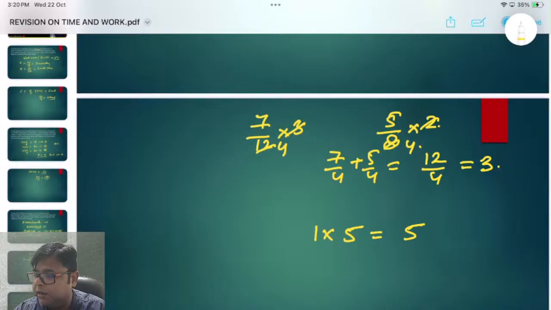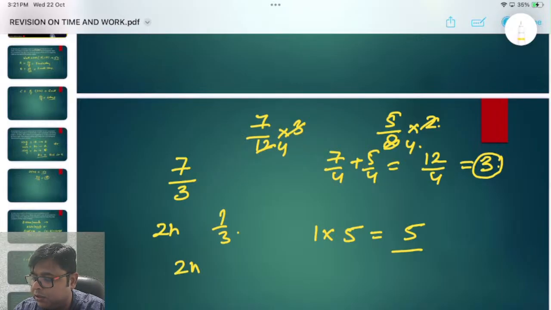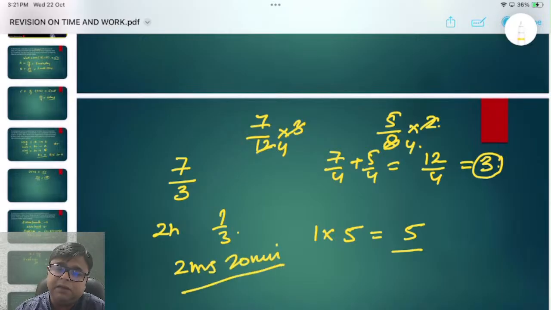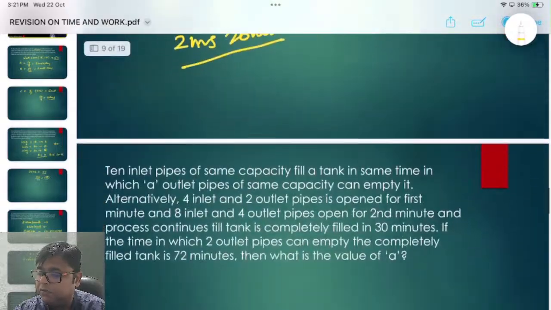So at the old efficiency of A plus B, which is 3, at that rate they must have filled 7 liters, because 5 they filled in the last 1 hour. 7/3 is the time after which the clogging was removed. Just 2 hours. 1/3 is 20 minutes. So 2 hours, right? 7/3, just 2 hours 20 minutes. I hope this is clear, right? So let's move on to next.